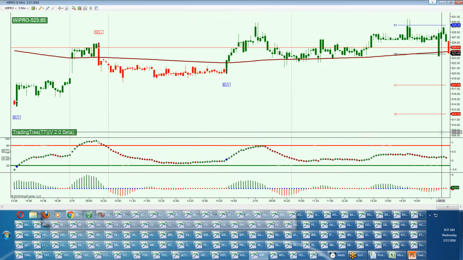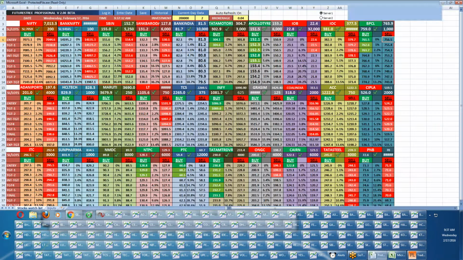Wipro, we should be getting a sell call. Let's add Wipro. Let's see what are the levels for Wipro. I'll add it in place of ITC. So 520.50 will be your entry for Wipro.